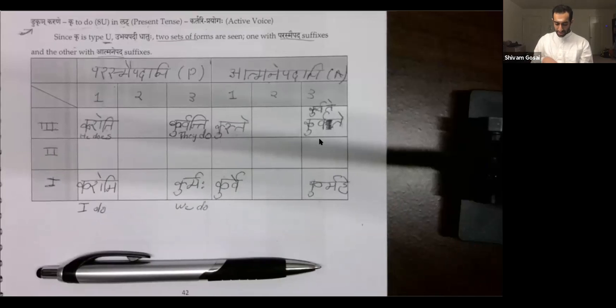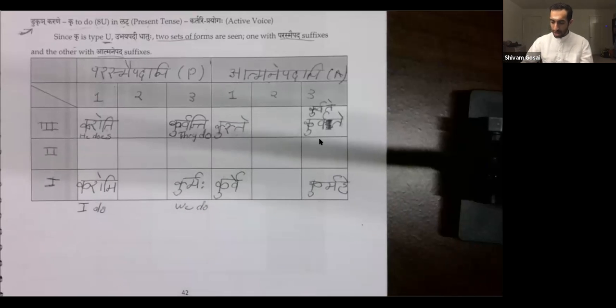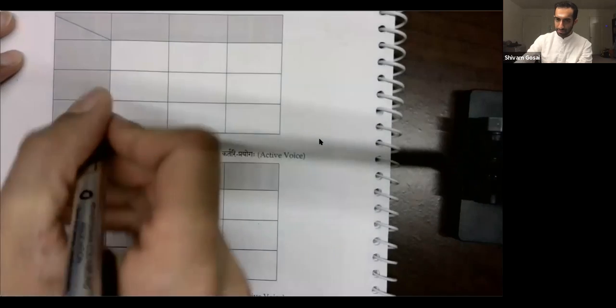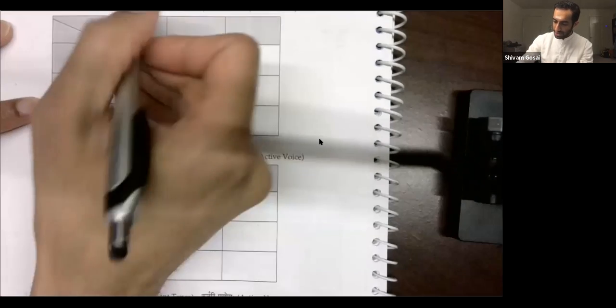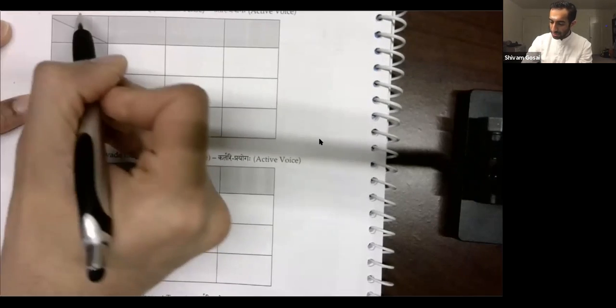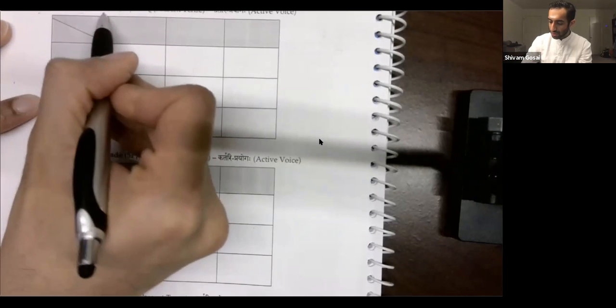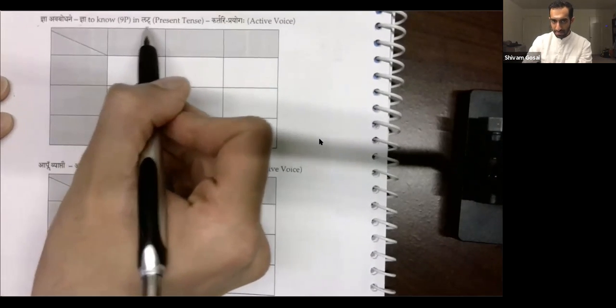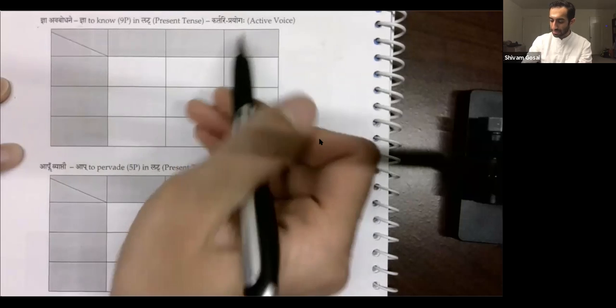Okay, let's do one more. Let's go to janati. If we have time, we'll do one more and then we'll switch topics. So this is jnyadatu, to know, 9P, in lat, present tense, kartari prayoga, active voice.